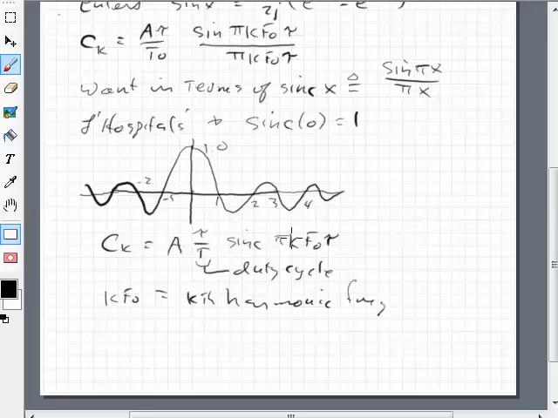So that's that part. And we know that, again, whenever this argument, or actually, okay, I just noticed I wrote that down a little bit wrong. The pi is gone, right? Because pi is built into the definition of sinc, and I wrote a pi there, so I erased it.